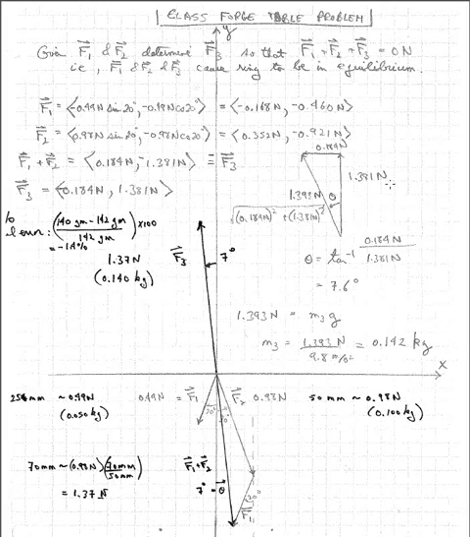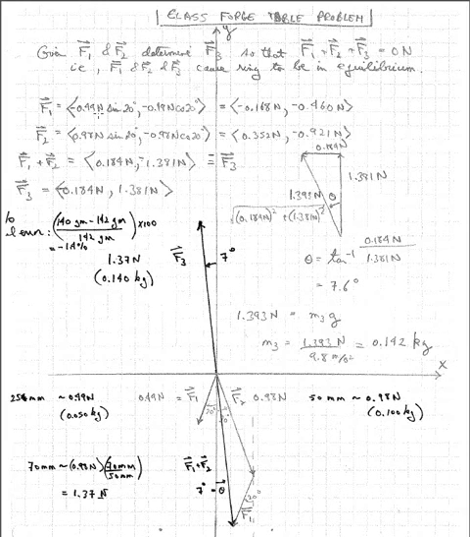Okay, on the top, I've done the analytic solution. So F1 is represented by this vector. If you look down at F1, you'll realize that it's going to have a negative x component and a negative y component.